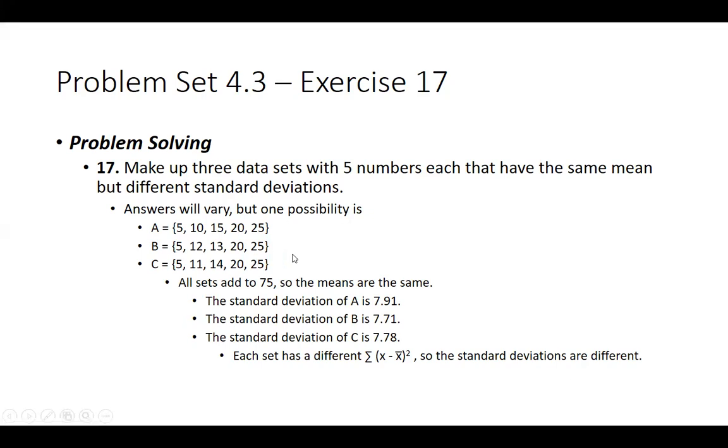We just need to make sure that when we take each number and subtract the mean and then add all that up after squaring, we get different values. So it's a little more complicated to come up with than mean and median when we involve standard deviation. But this is the strategy that you would use.